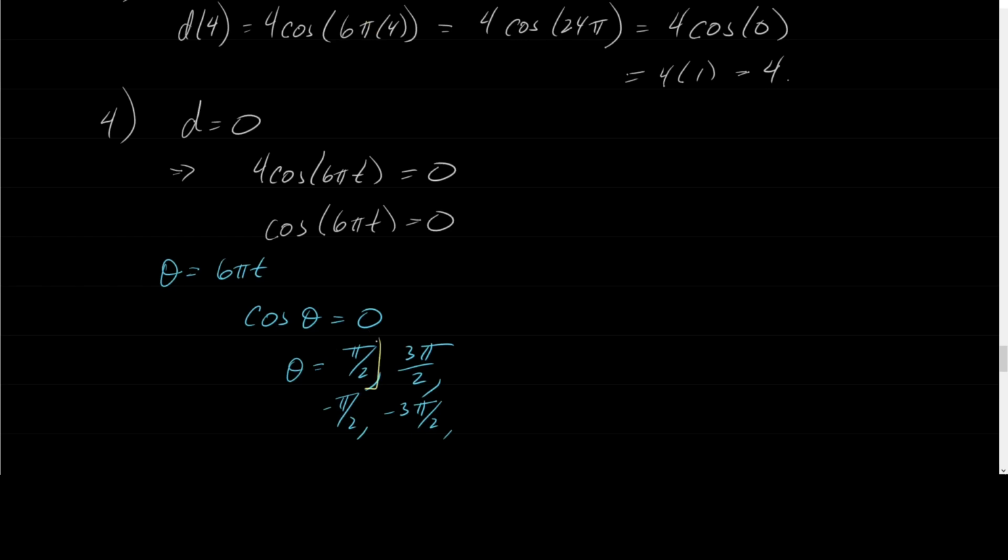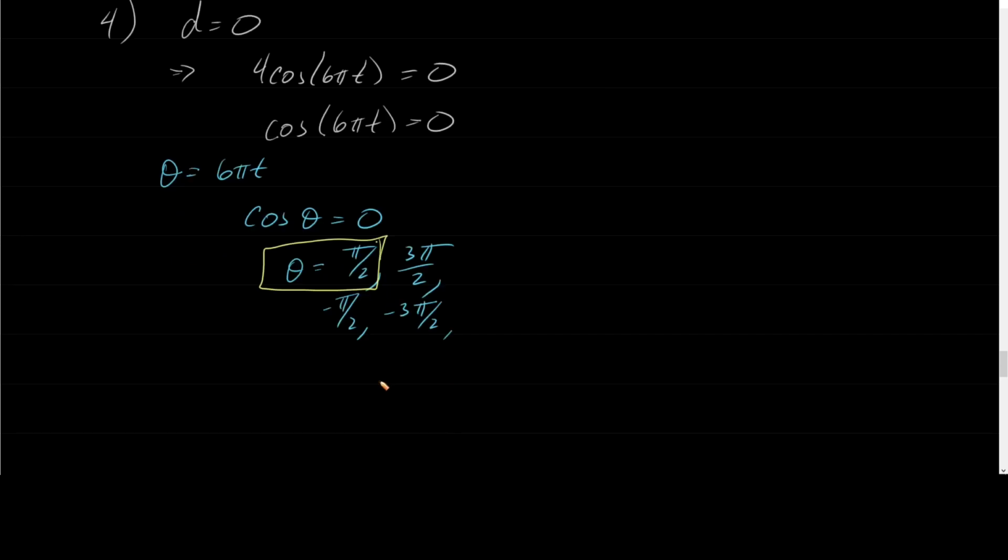The least positive value would be where theta is equal to pi over 2. Since theta is equal to pi over 2 and theta was equal to 6 pi t, we get that 6 pi t is equal to pi over 2. Dividing both sides by 6 pi, I end up with t is equal to 1 over 12.